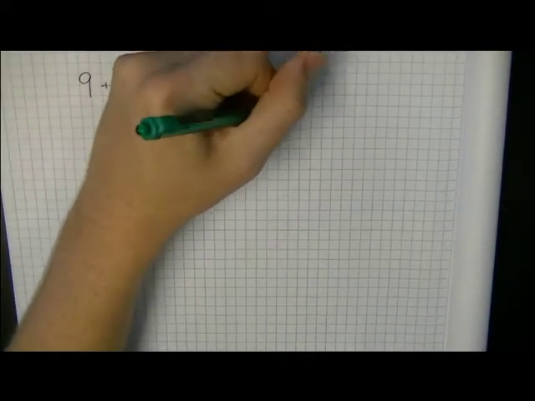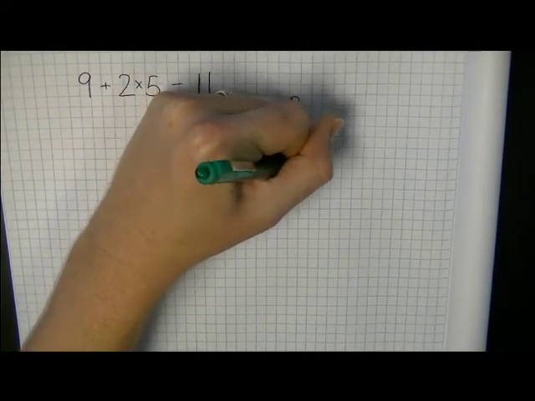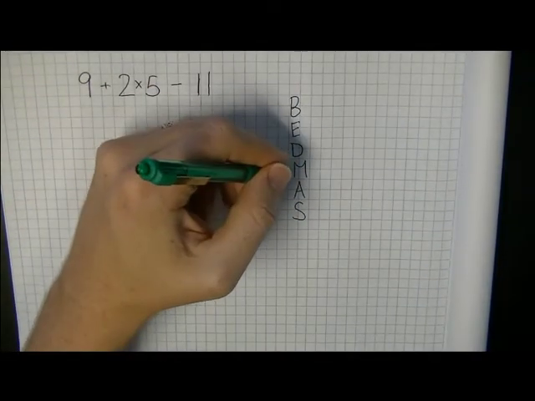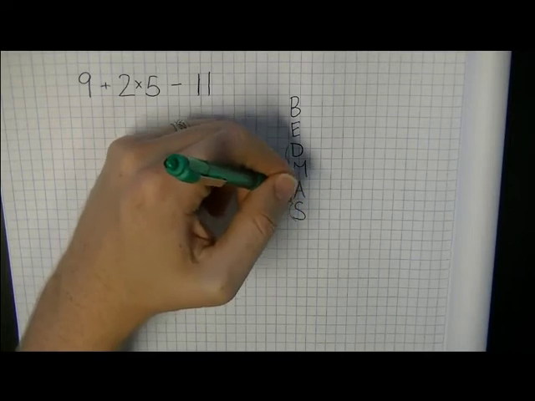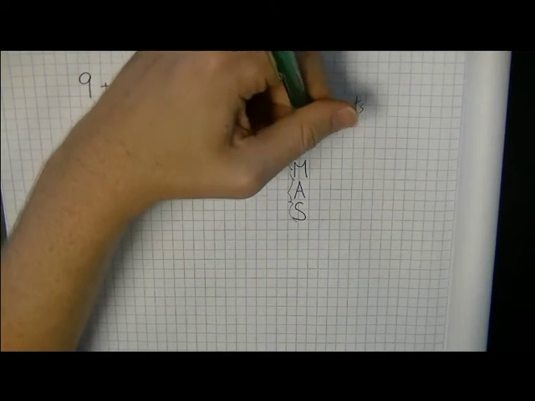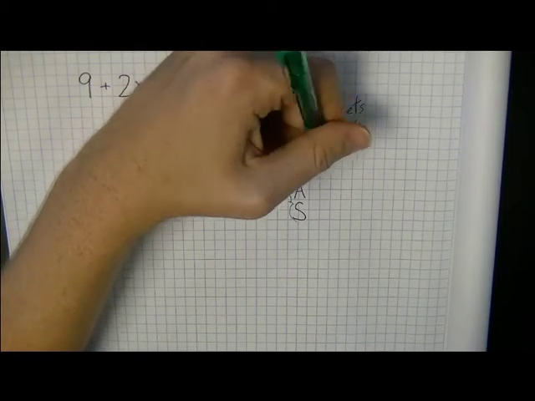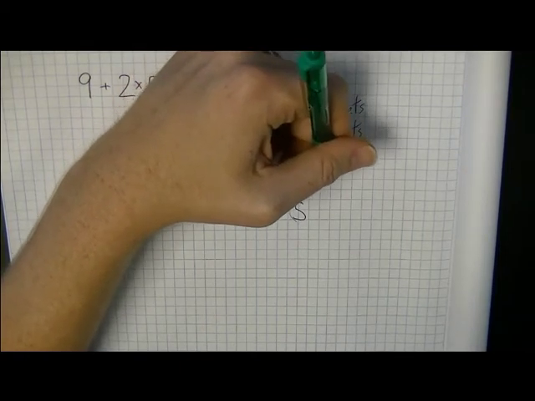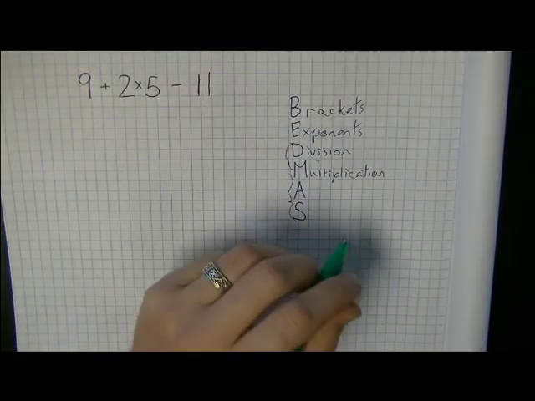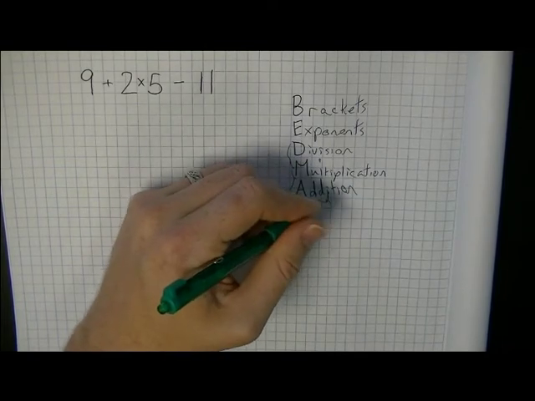There's an acronym that you've probably heard before or something like it. BEDMAS. Okay, and what this stands for is brackets, exponents, division and multiplication, addition, and subtraction.